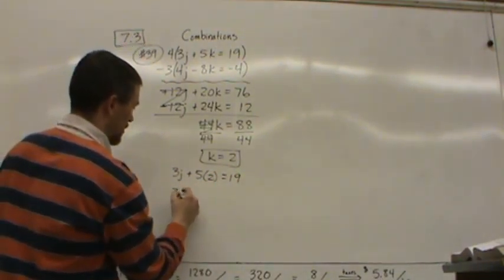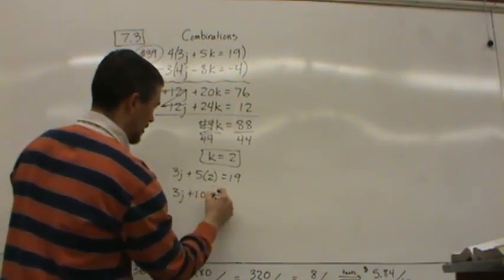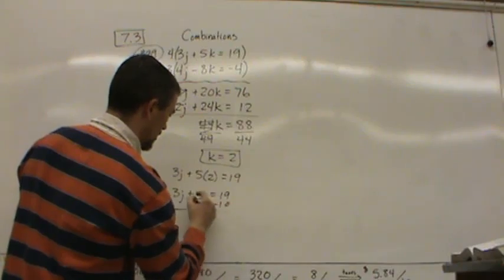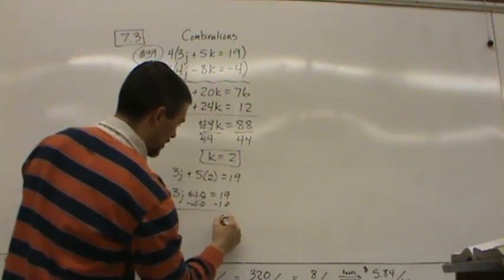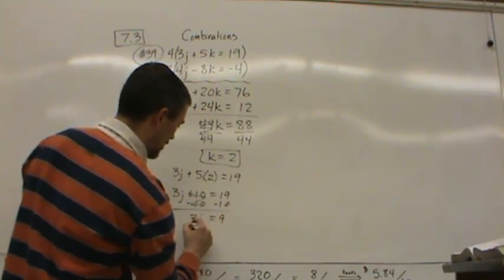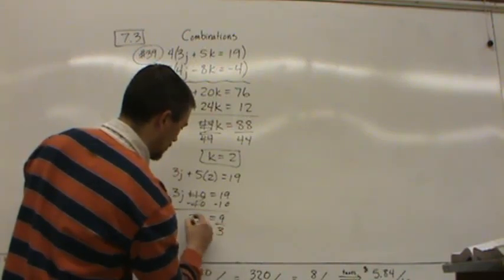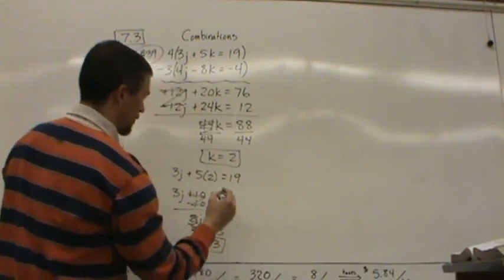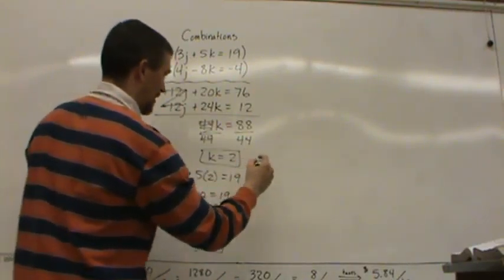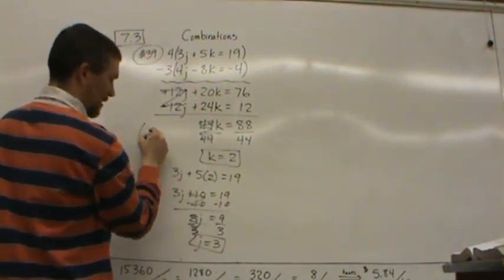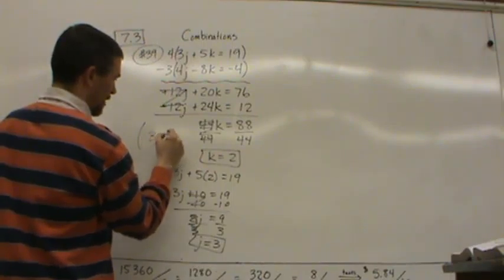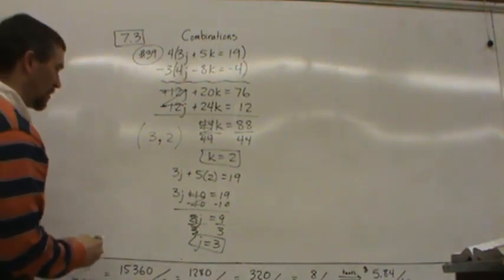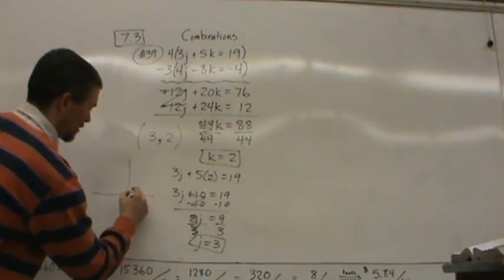And so we get 3j plus 10 equals 19. Subtract 10 from both sides. That would be 9. 3j equals 9, so divide by 3. j equals 3. So now if we put them in order of j, k, then j is 3, while k is 2. So 3, 2 is our point of intersection.